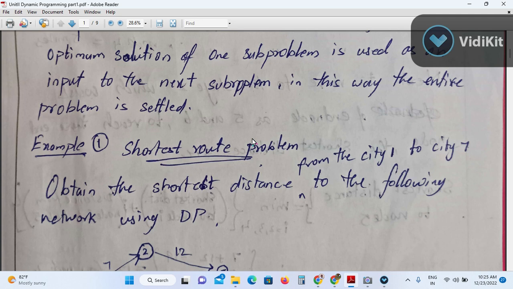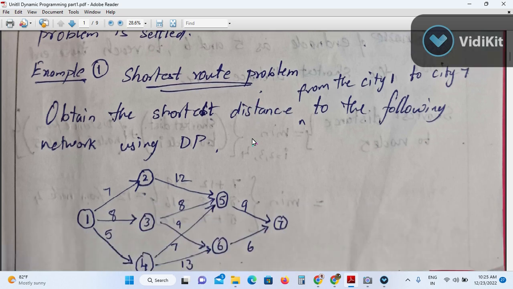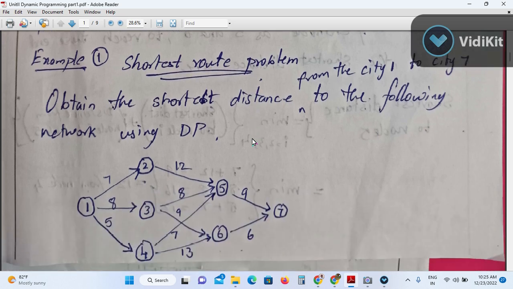So here the example is a network. In this network, we need to travel from 1 to 7 through various cities. From 1 to 2, or 1 to 3, or 1 to 4, then maybe 5, then maybe 6, and finally we can reach the destination 7.